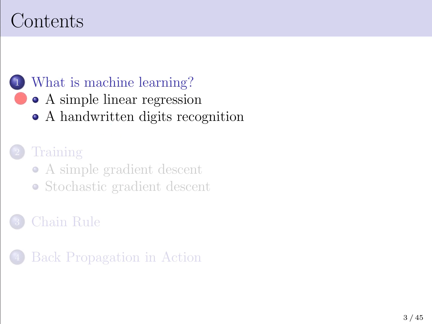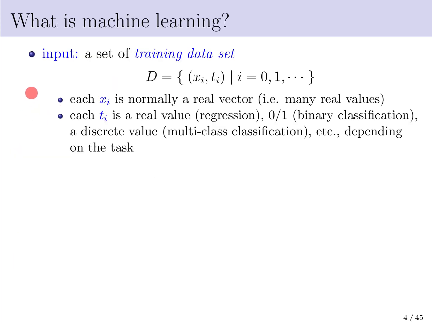So what is machine learning anyways? Machine learning, or more specifically, supervised machine learning, is given as an input a set of what is known as a training data set. A training data set is a collection of pairs.